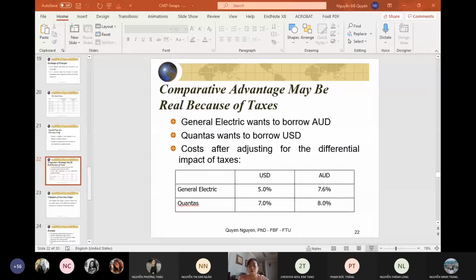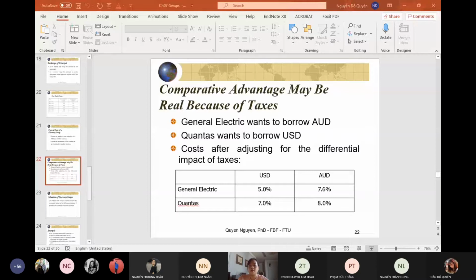So GE wants to borrow in Australian dollars, and the rate offered to GE is 7.6%. We take the comparative advantage of 0.7% off the 7.6%, so GE will end up borrowing at 7.6 minus 0.7%, which is 6.9% in Australian dollars.